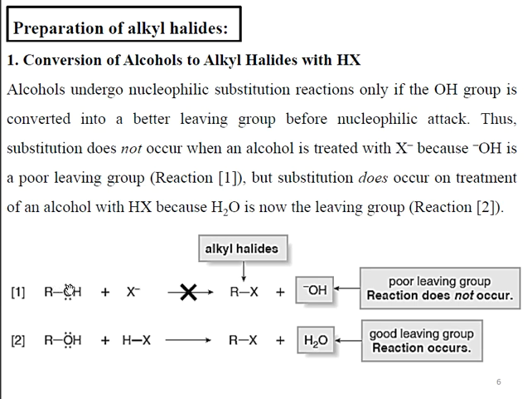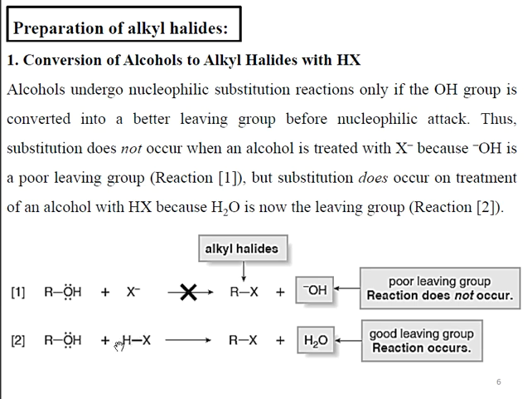If you have an alcohol and just the nucleophile X minus without H plus, that means not acidic, like NaCl, then the replacement doesn't occur. Why? Because OH is a poor leaving group, and the substitution will not happen.